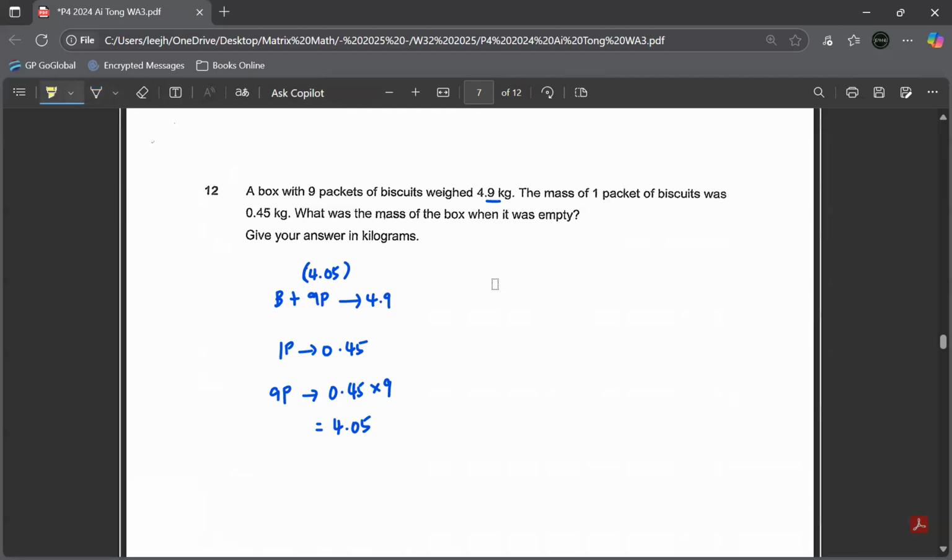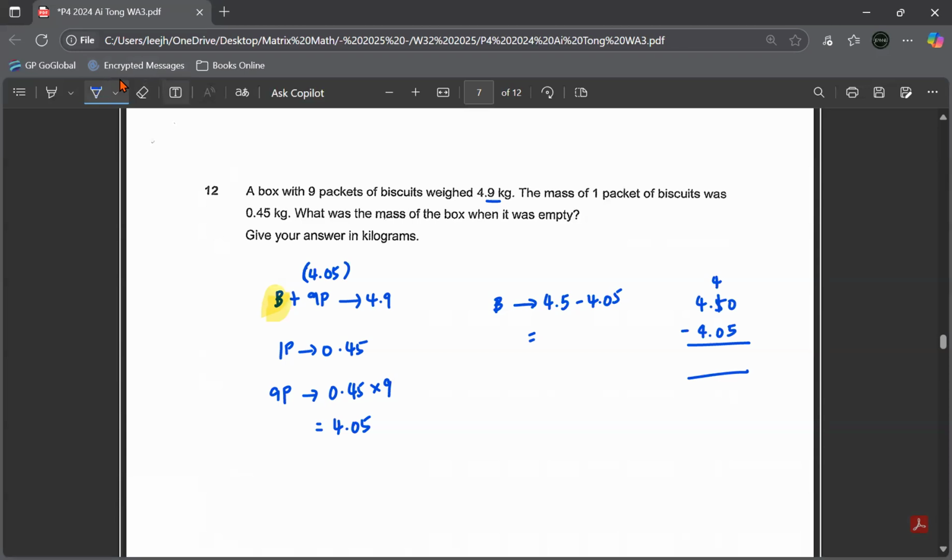So in order to find the box, I just have to minus, right? Total 4.9. So you minus 4.05, sorry, it's 4.05, not 0.45. Okay. So when you do working, remember two decimal places, one decimal place, change 4.9 to two decimal places, add a zero, minus 4.05. 0 cannot minus 5. This is 4, right?